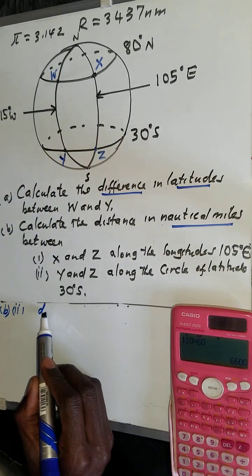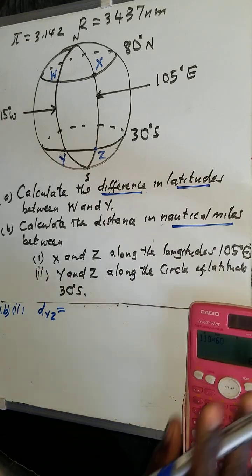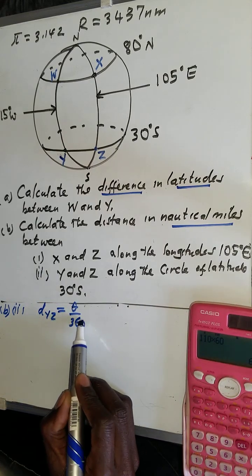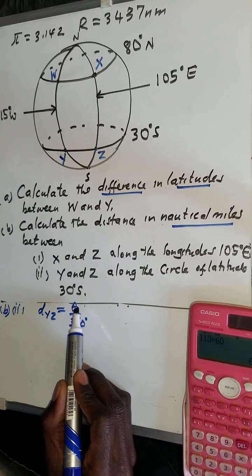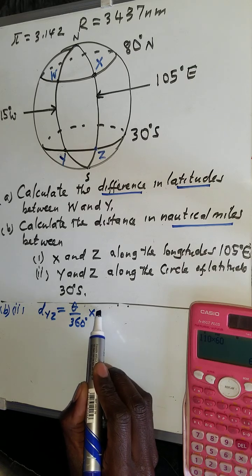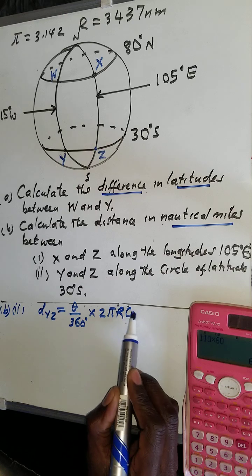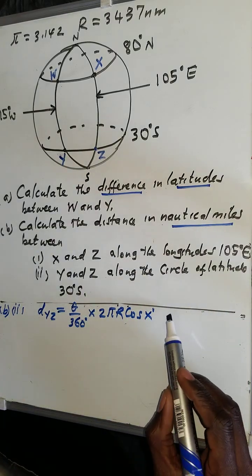So remember, for you to calculate the distance yz, the formula that we apply would actually say theta over 360. Remember, people are going to be using different things there, but what is important is knowing what they represent. So theta over 360 multiplied by 2 pi, the radius of the earth, but we say cos of x degrees. What do I mean in this case?